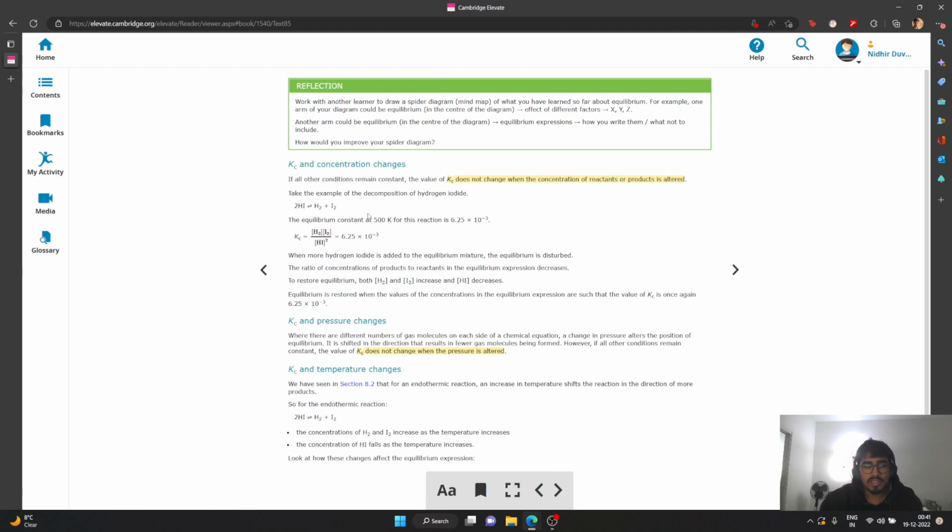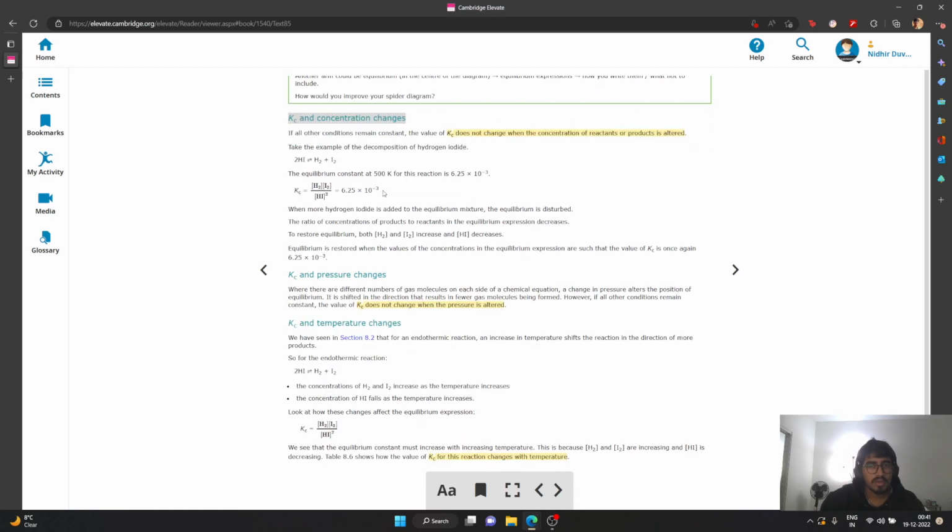The next thing: we talked about Kc here, which is defined in terms of concentrations. We talked about how Kc does not change when the concentrations are changed. If you increase the concentration of product, there is more product formed, but when the equilibrium finally balances itself, it balances in a way that Kc remains constant.